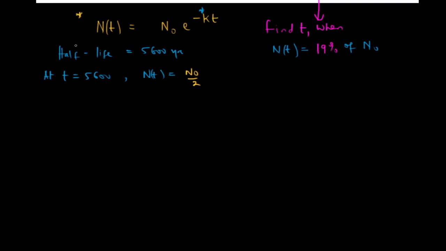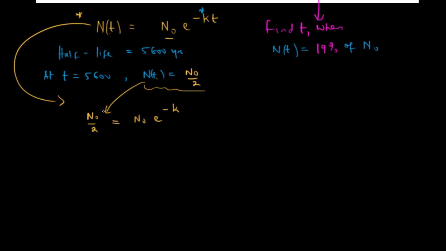Using this information, I'm going to bring this down here. So N of t is N naught over 2. So write N naught divided by 2 equals N naught times e to the power negative k times the time when N of t became N naught over 2, that is 5,600.